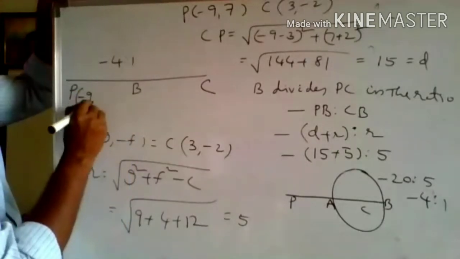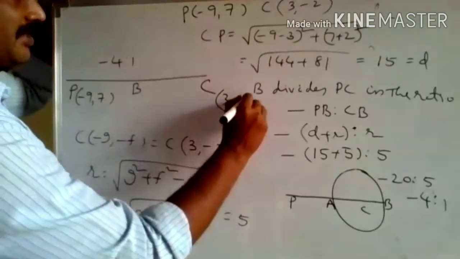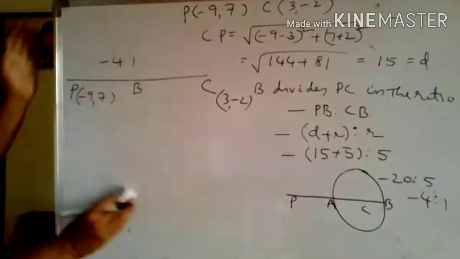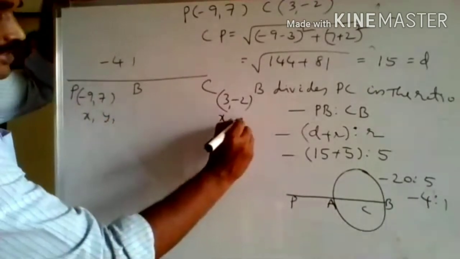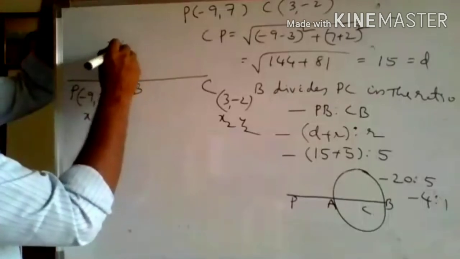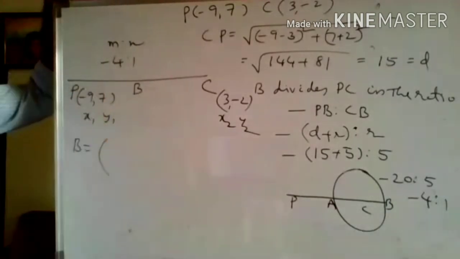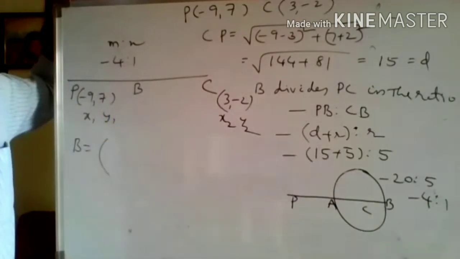Point P is minus 9 comma 7. Point C is 3 comma minus 2. Apply the section formula. This point is x1 y1, this point is x2 y2, and the ratio is m is to n. Section formula: B is equal to (mx2 plus nx1) by (m plus n) comma (my2 plus ny1) by (m plus n).